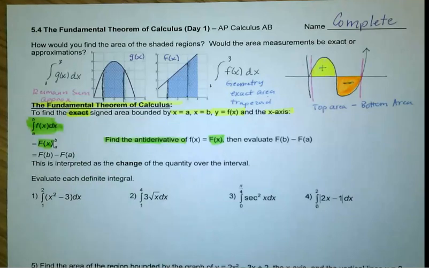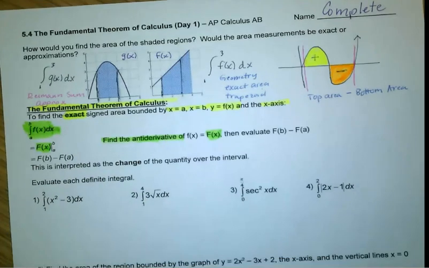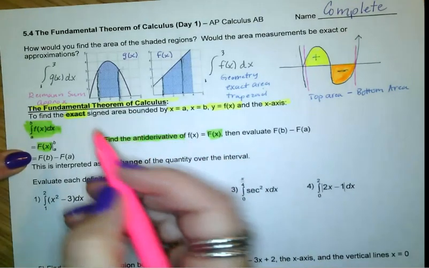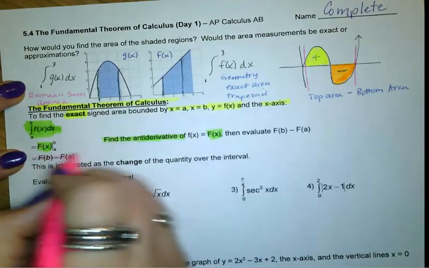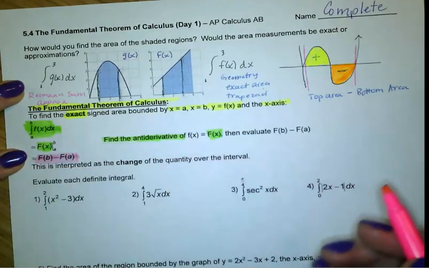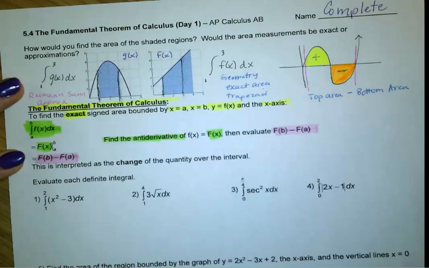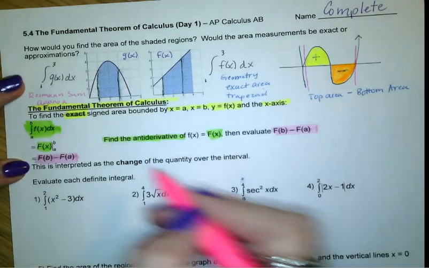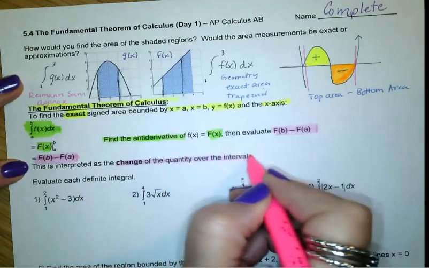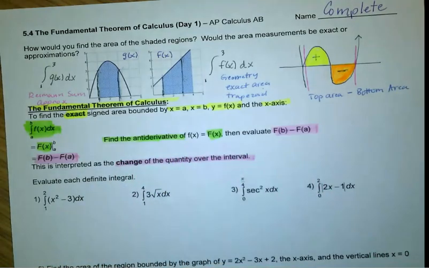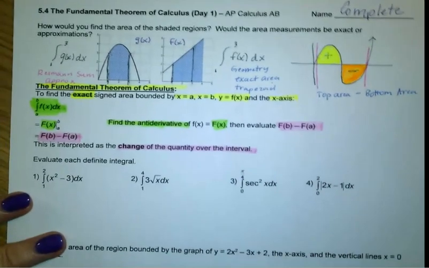Then we're going to find the bounded area. And so to do that, we're going to evaluate the upper bound in the antiderivative, the lower bound in the antiderivative, and we're going to subtract them. And when we do that, this is interpreted as the change of quantity over the integral. And so that's the process that we're going to be doing.